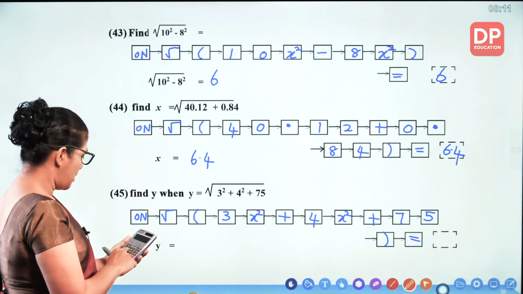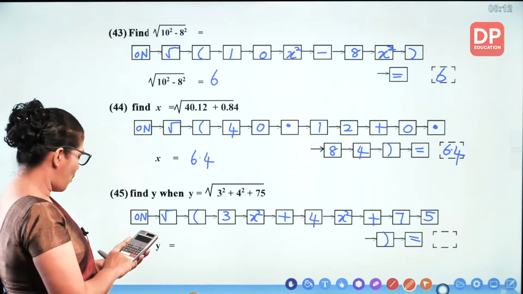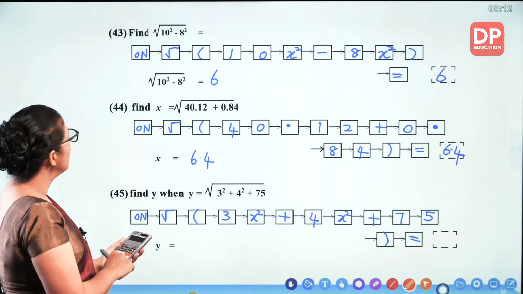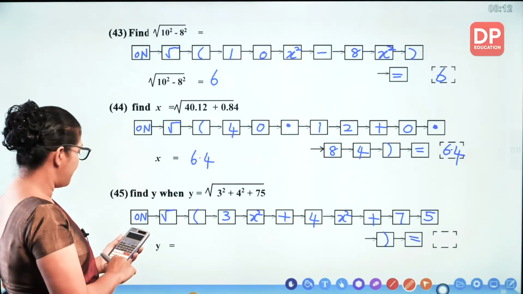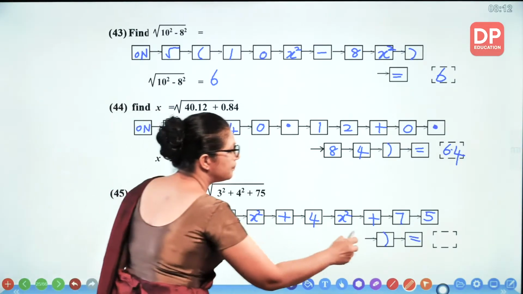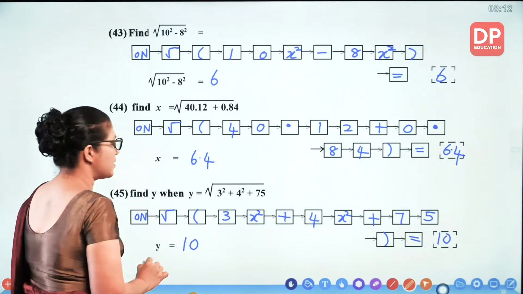This one, square root of 3 squared, 4 squared and 75. Answer is 10. So y is 10.